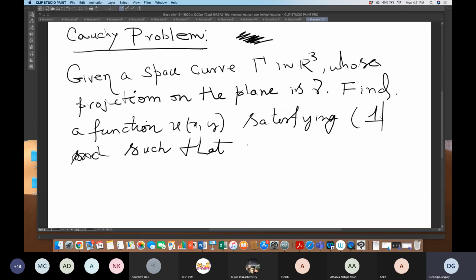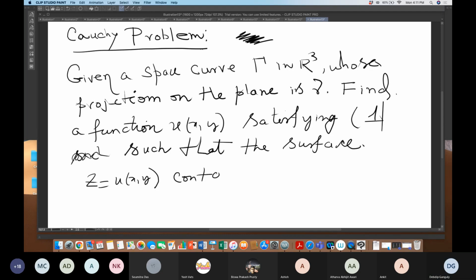the surface z equal to u of x, y contains gamma.